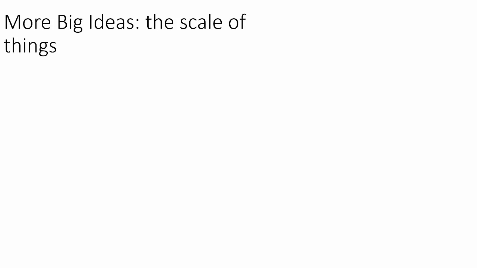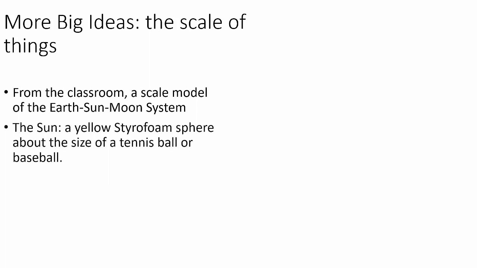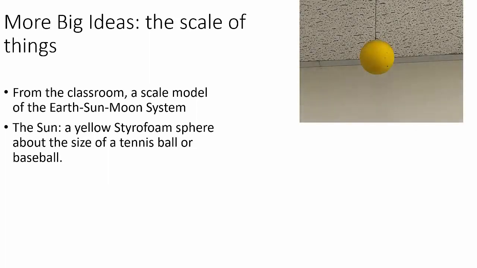So, some more big ideas. The scale of things. We'll have many changing scales in astronomy, and distances are surprisingly large sometimes. But in the classroom, I have a scale model of the Earth, Sun, Moon system, and there's a yellow ball hanging in the back of the room, a styrofoam ball about the size of a tennis ball, I think, and that represents the Sun.